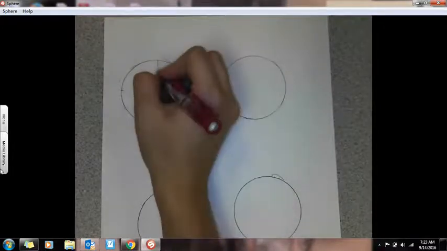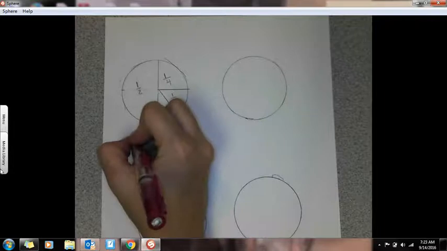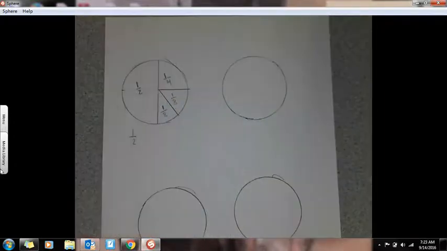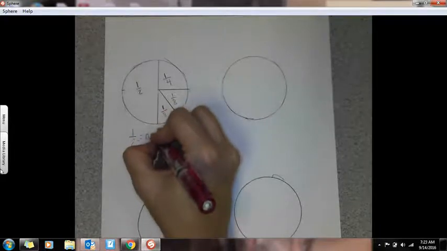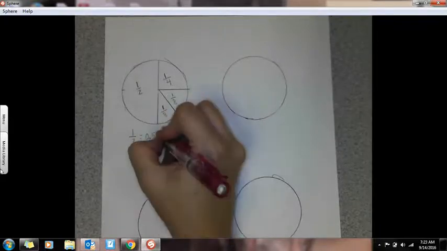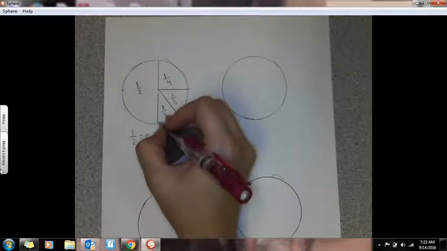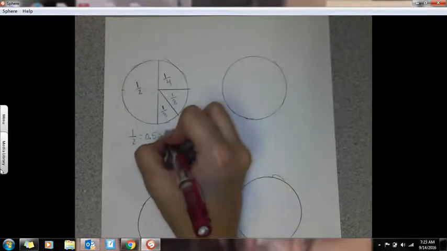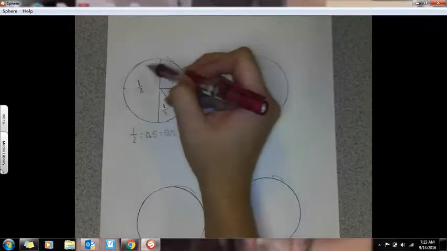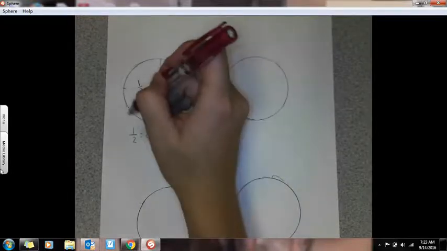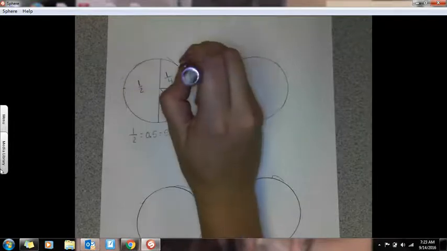So the first wedge we created was 1/2. I'm going to write that down. The probability for 1/2 as a decimal is 0.5. And then in order to change that into a percentage, I would multiply it by 100, and I would get 50%. So what that's saying is that this half is 50% of the entire circle, which is 100%.